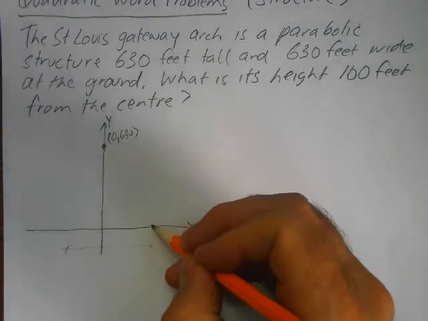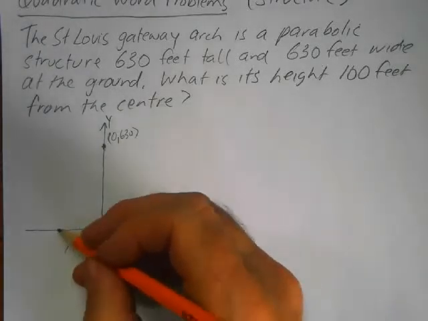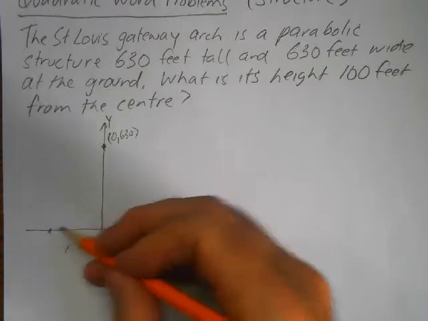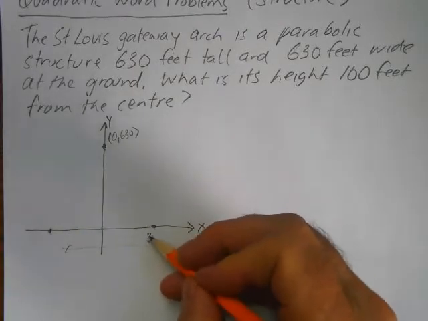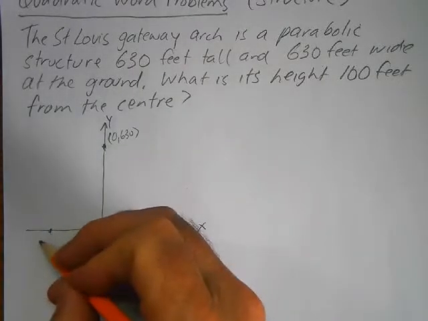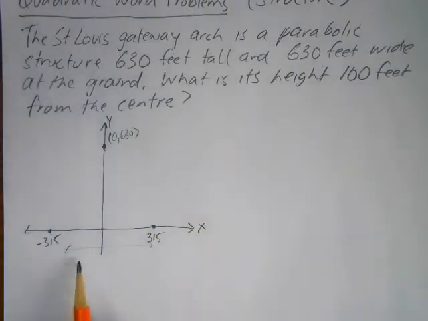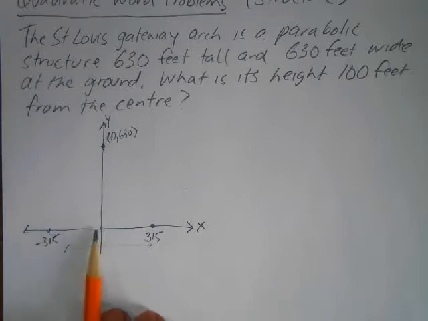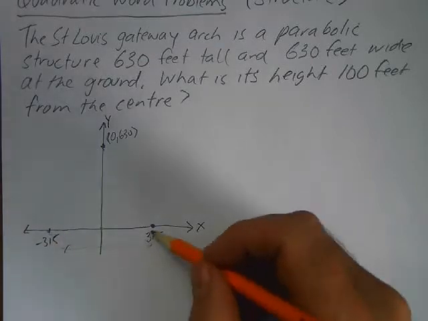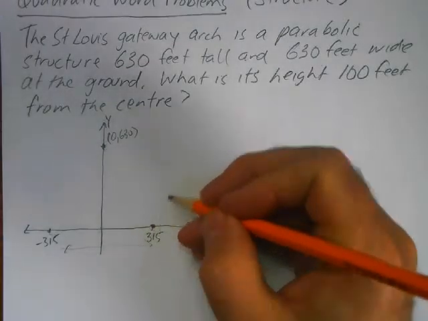So this would be my positive 315 because that's half of 630, and this would be negative 315. Okay, so if you take the distance, 315 to there, another 315 to there, that's 630. These are like my x-intercepts.